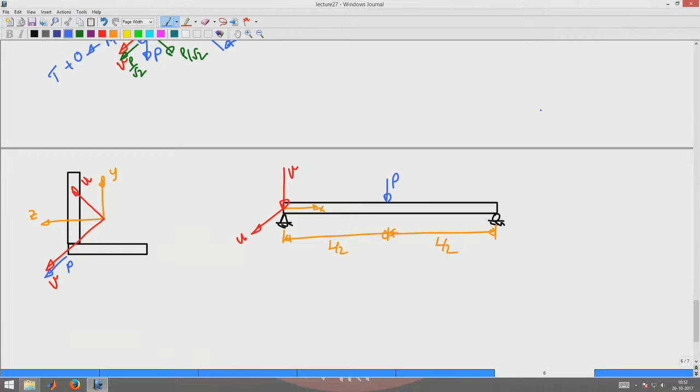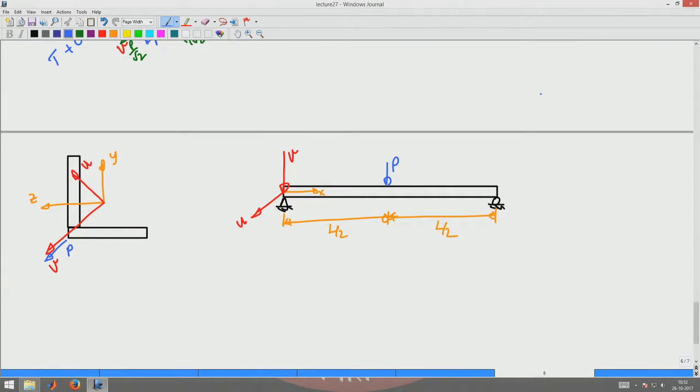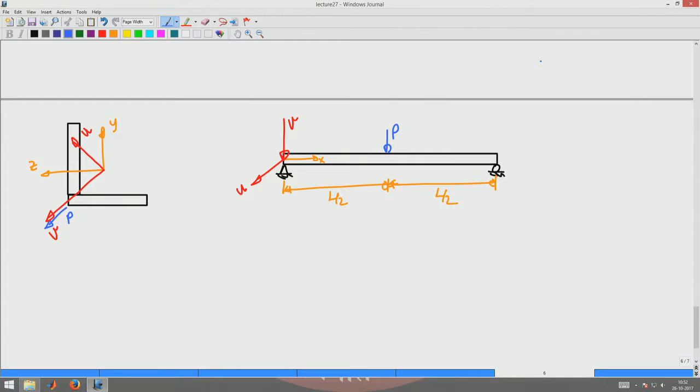Next we will move on to the next case, where we are loading only about one of the principal axis, V. In this case again, let us first go from the back. The moment that will be produced is only the Mu moment.